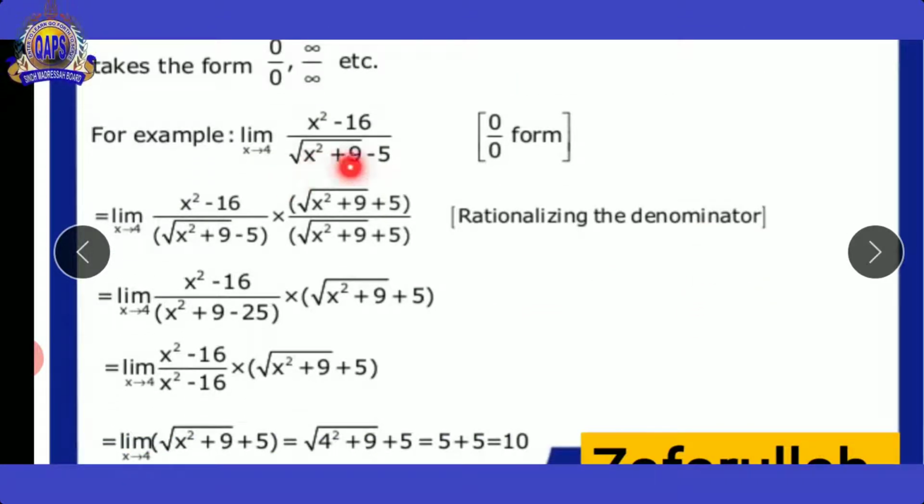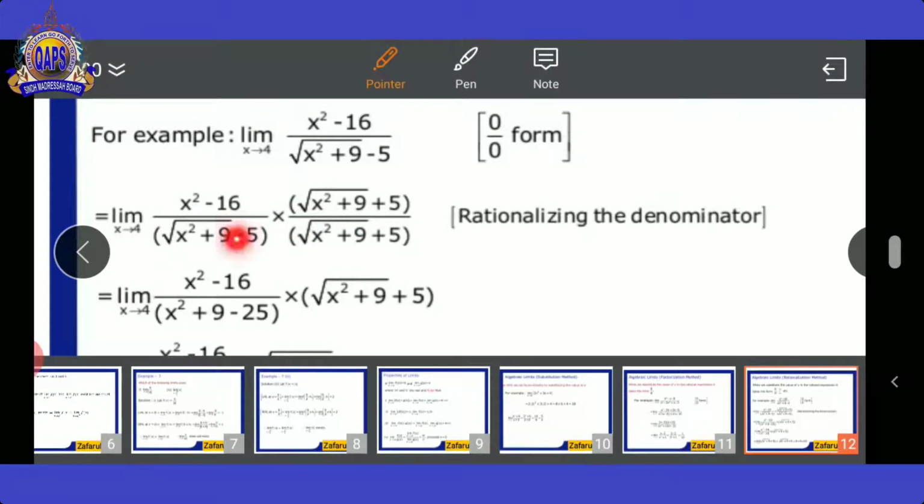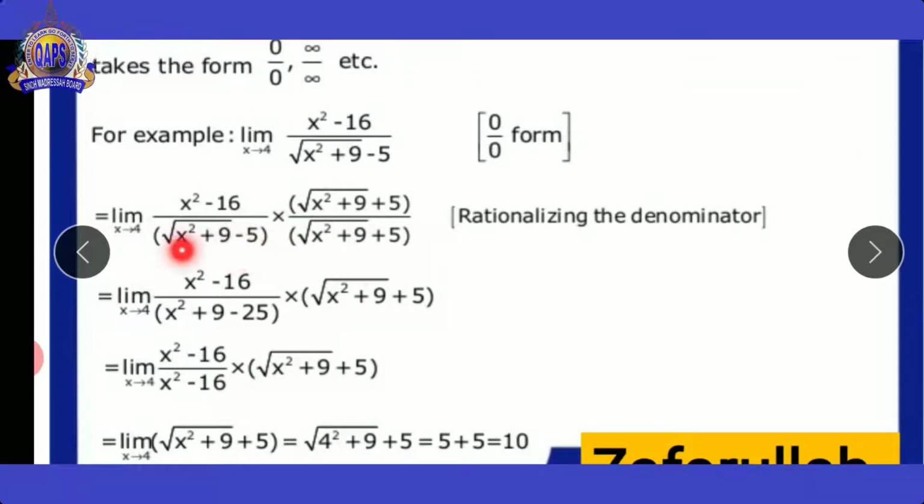Here the denominator is in negative form, and for rationalization we multiply and divide by the same denominator but with a positive sign instead of the negative sign.